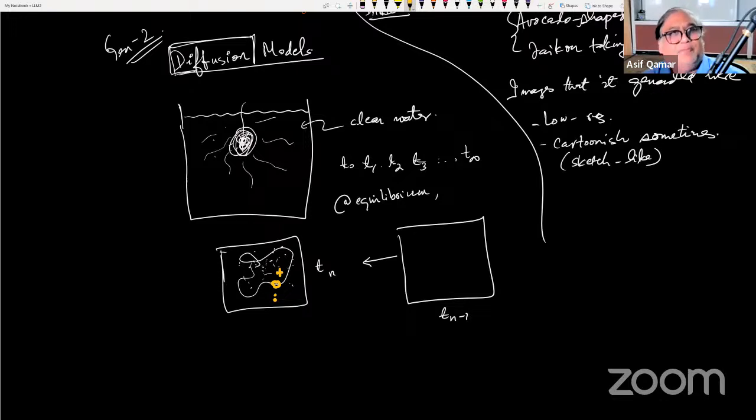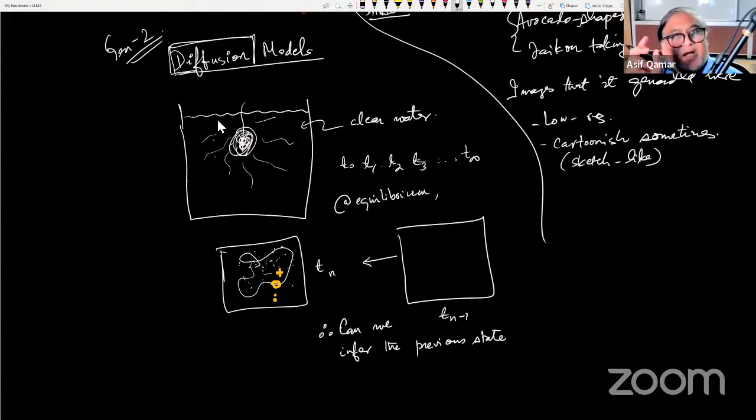And therefore, that opens the door to asking a very interesting question. Therefore, can we infer the previous state? Assuming that Tn and Tn minus 1 are very close apart in time, right?